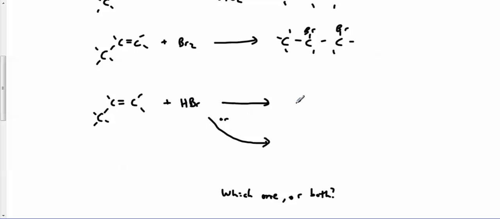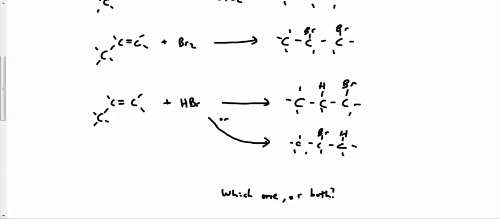So my possible outcomes are the H going on here and the Br on here, or the other way around, with the Br going on here and the H going on here, with the original carbons. Which one? Do I get this guy, or this guy, or some of both being made? And the answer comes from Markovnikov's rule.